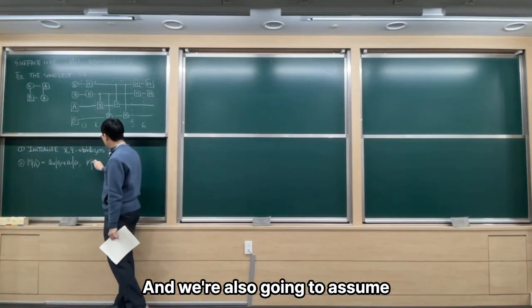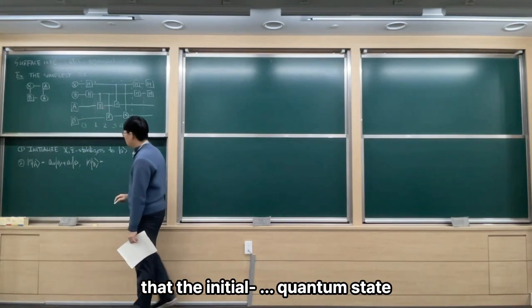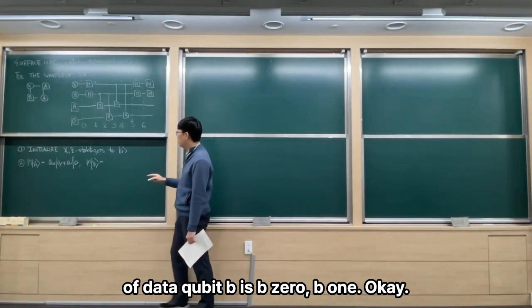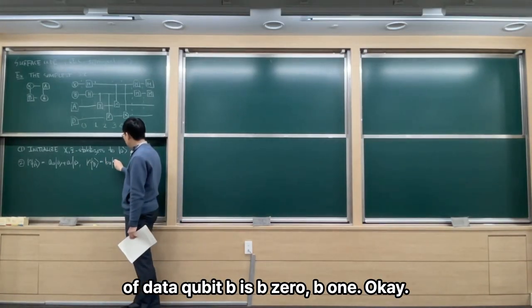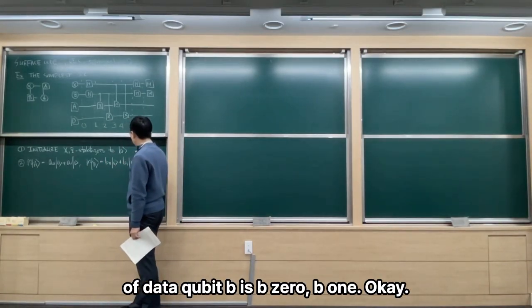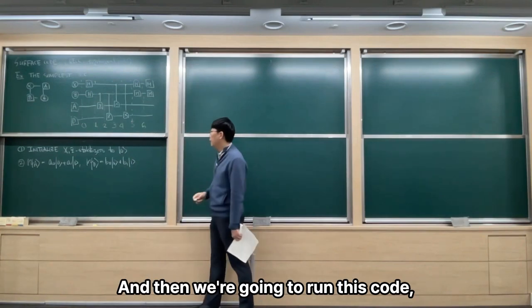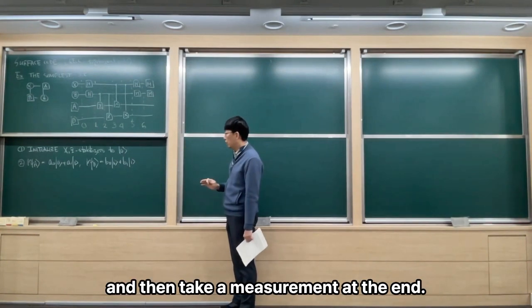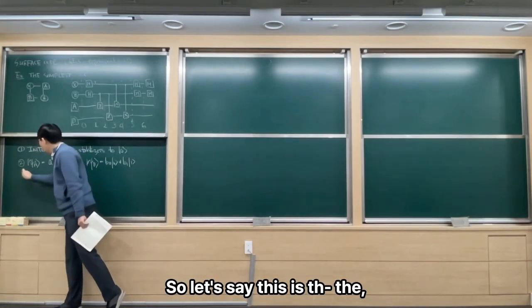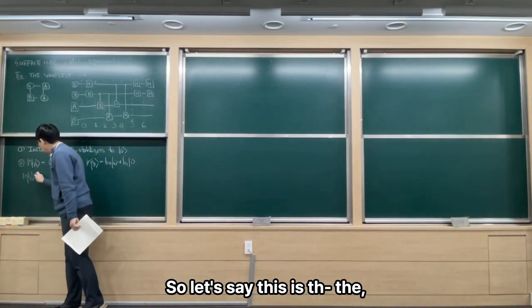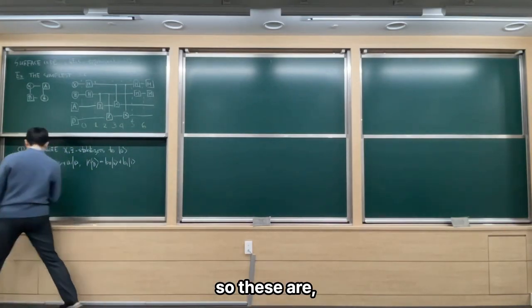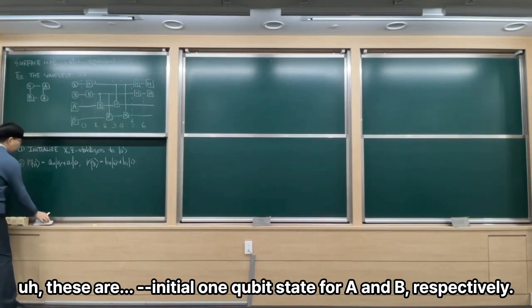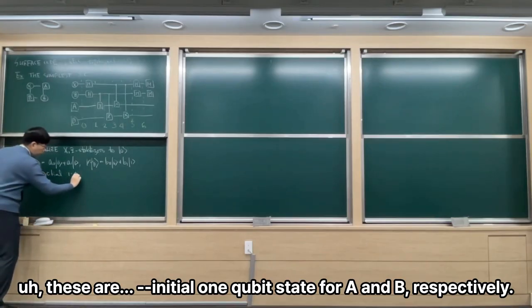And we're also going to assume that the initial quantum state of data qubit B is B0, B1. Okay. And then we're going to run this circuit, and then take a measurement at the end.